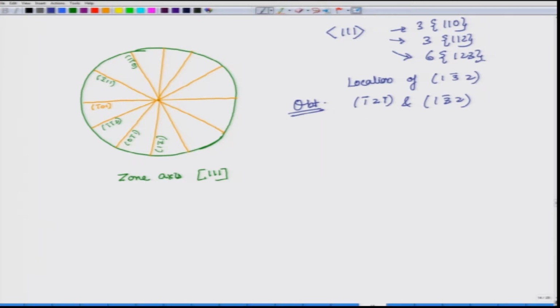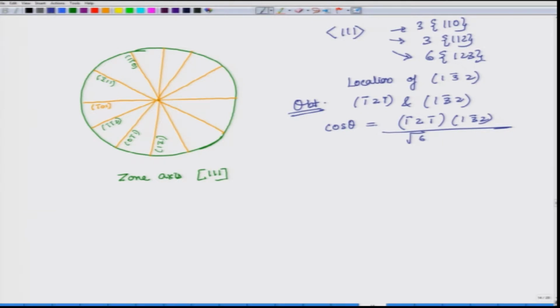We know there is a very simple relation for this. We can say cos theta is equal to the dot product divided by the square root of the sum of the squares of each. One is 2 square plus 1 square plus 1 square, which is 6.